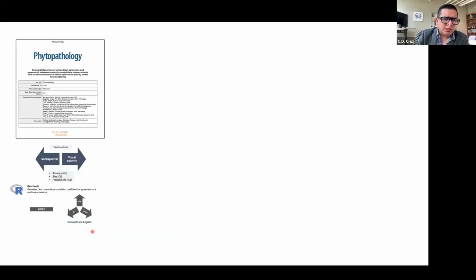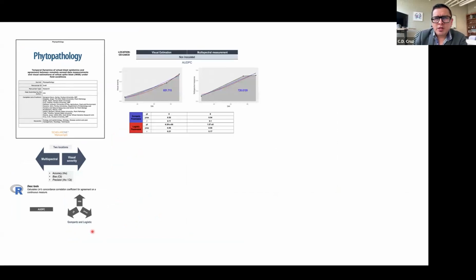Something else that we started doing back in those days in parallel was to test with drones and see. We're talking about the year 2014 and 15, and so the idea was to see if there was any benefit in using imagery and later extracting information from those images and try to associate the data with the visual assessments that were conducted in parallel.